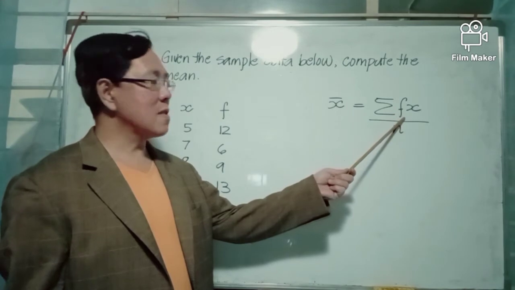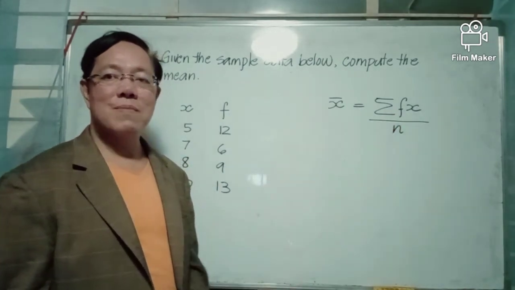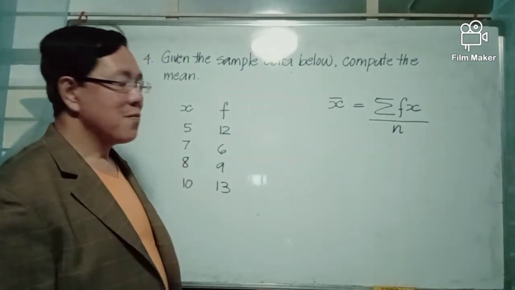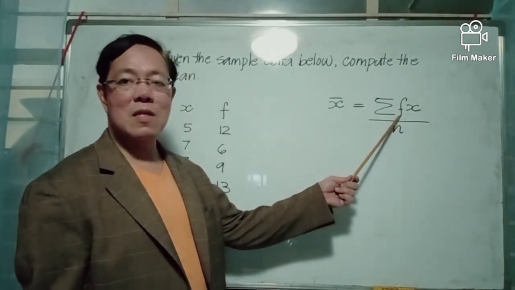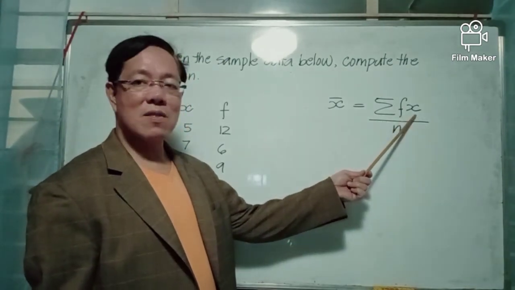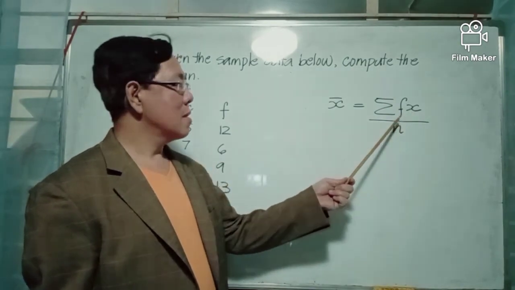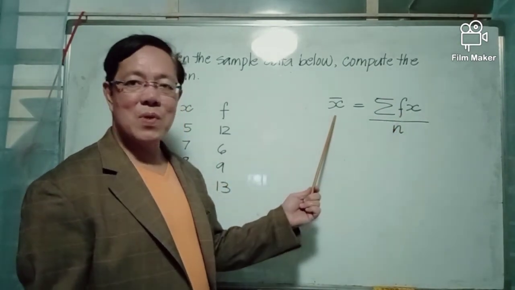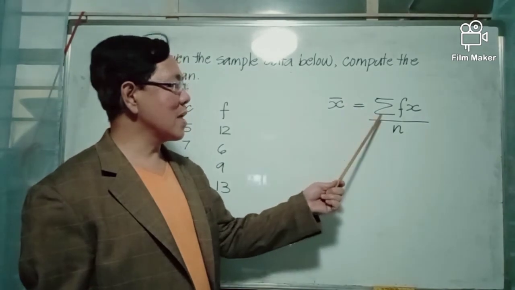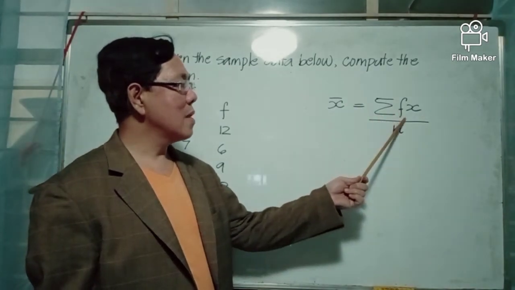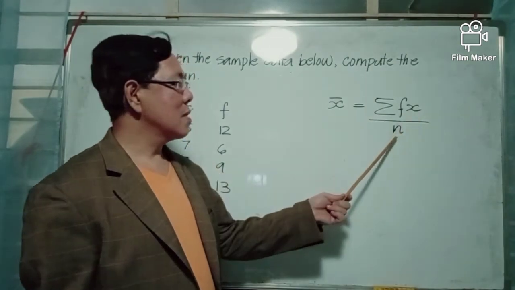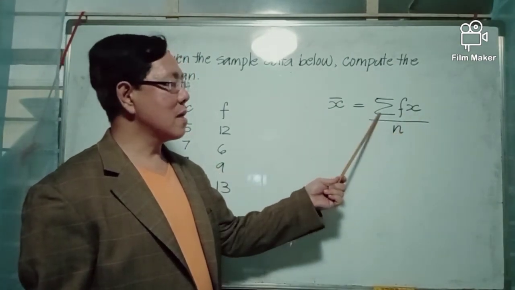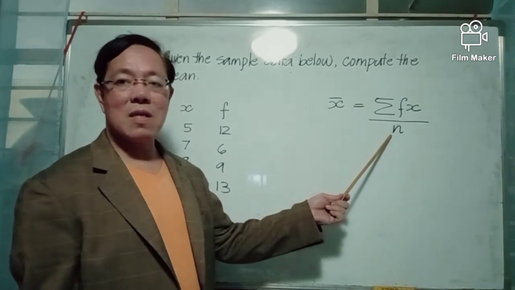The difference of this formula from the original formula for sample mean we had earlier is the occurrence of f. The value x is multiplied by f. So to compute for the sample mean, we get the sum of the products of the frequency and the value, and we divide the sum of the products by the sample size n.